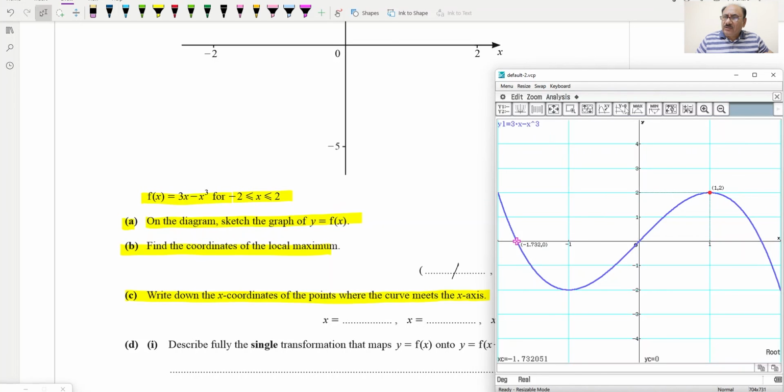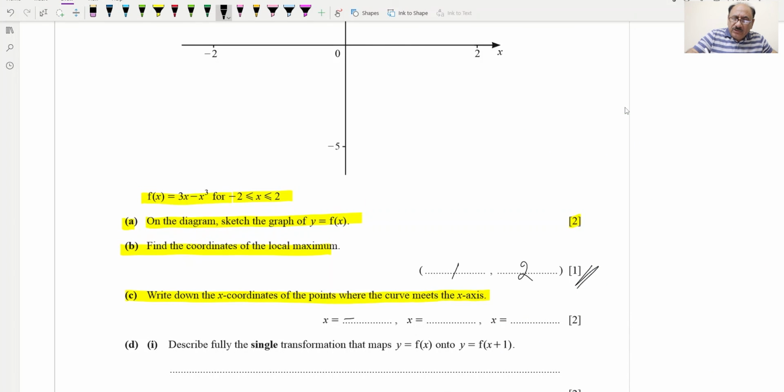That one we can take from here. So the first x-intercept will be this one, then the second intercept, and the third intercept. The first intercept is minus 1.73, so we can write here minus 1.73, and next is 0.